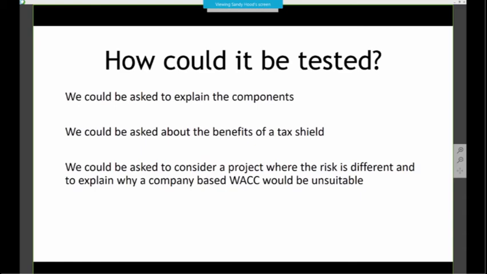Yes, Sandy, thank you. No, absolutely. And so they could be asking you to explain the components. And please, whenever you write a paragraph within these exams, you've got to be writing about FIS all the way. If you start writing down paragraphs that could have come out of textbooks that just describe WACC or cost of equity in a general sense, then you won't be earning marks. You need to be keeping your explanation of the components very relevant to FIS.